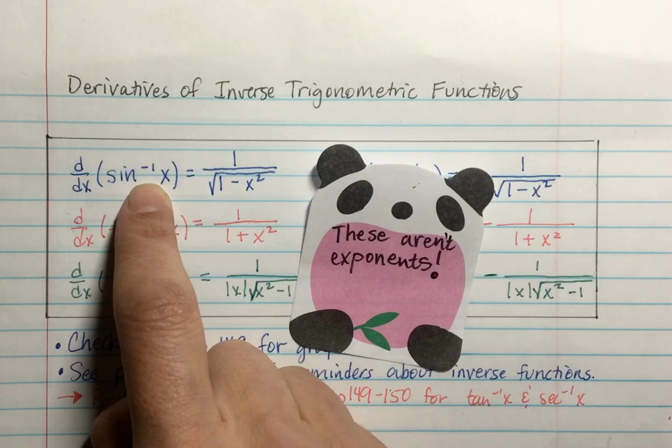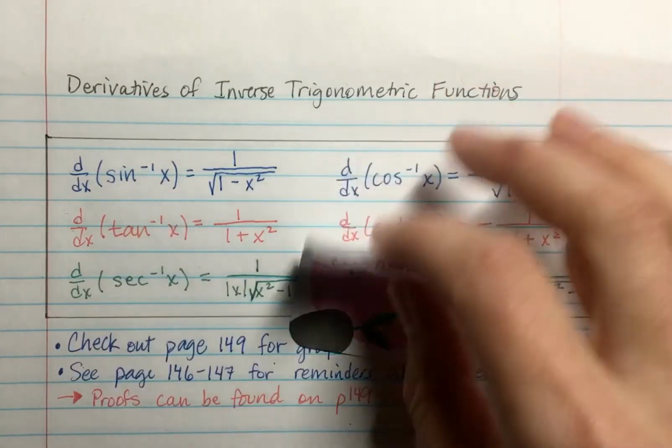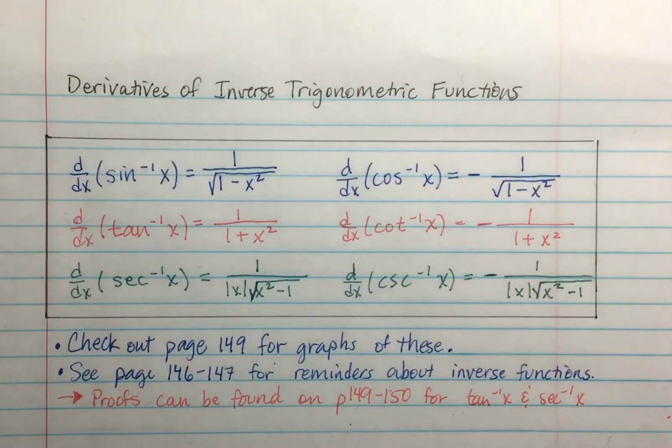It's called cosecant x. So when you see this -1 on any of these, it does not mean 1 over. It's not the reciprocal. It is the inverse. Same with the function notation for inverses, that f -1 thing. It's a truly unfortunate bit of notation because it causes a great deal of confusion, but that's something you have to automatically know.